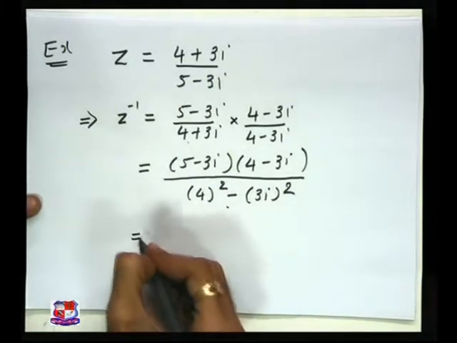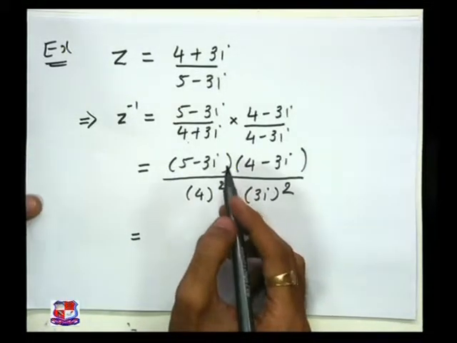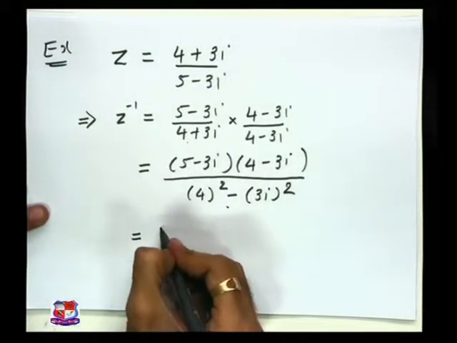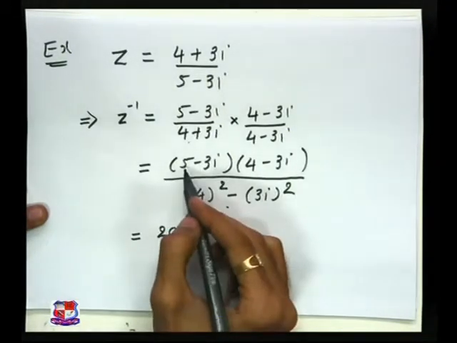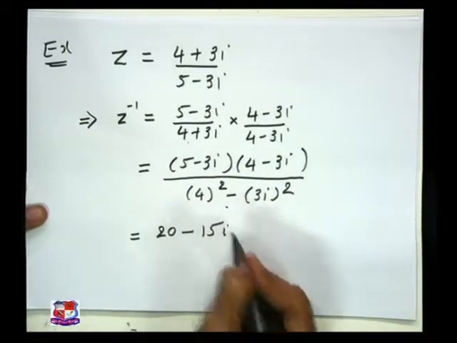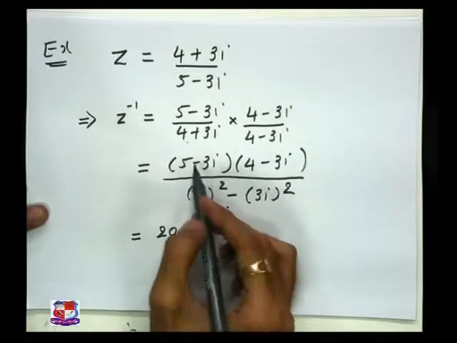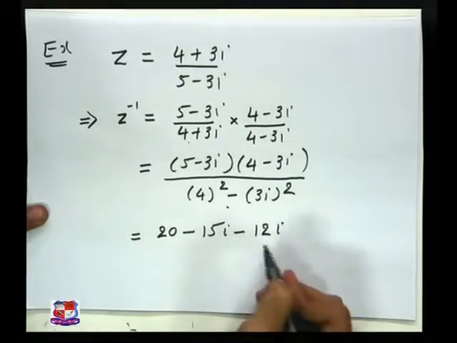By simplifying, we need to multiply these two complex numbers. So we get 5 into 4, that is 20, minus 5 into 3i, that is 15i. Now minus 3i into 4, that is minus 12i.